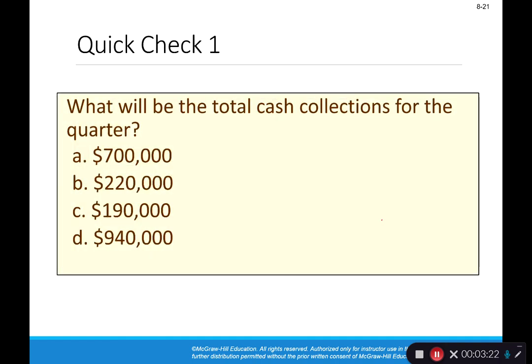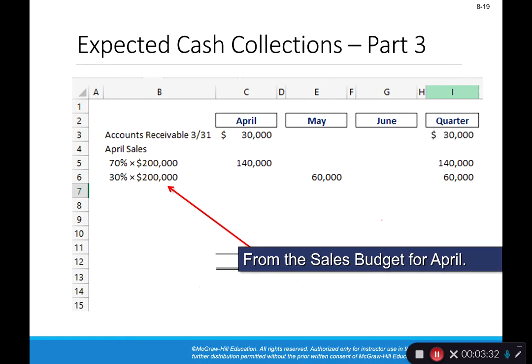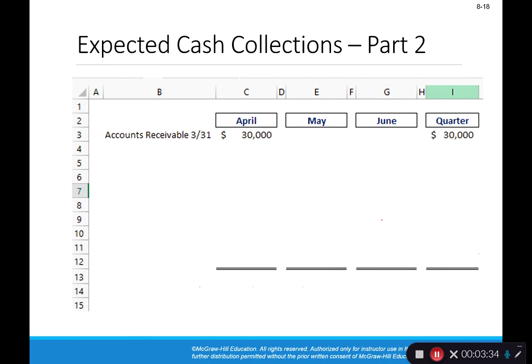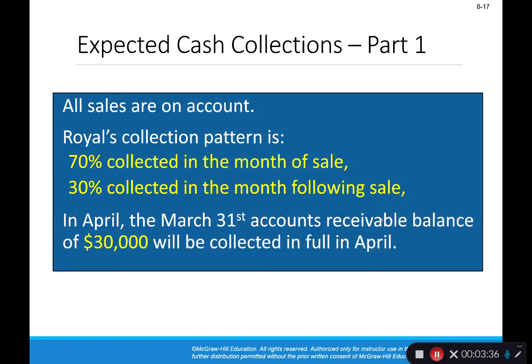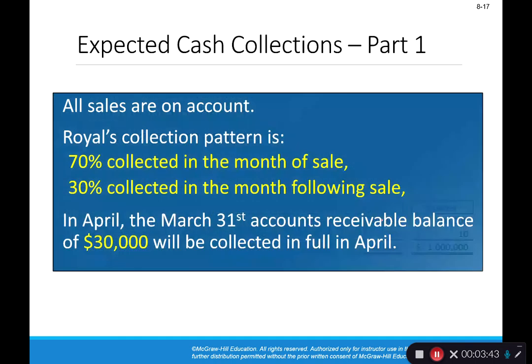Which brings us to our first quick check. It wants total cash collections for the quarter. So in order to do that, you're going to need to finish up this schedule. So going back to the sales numbers, we know that June sales are $300,000.